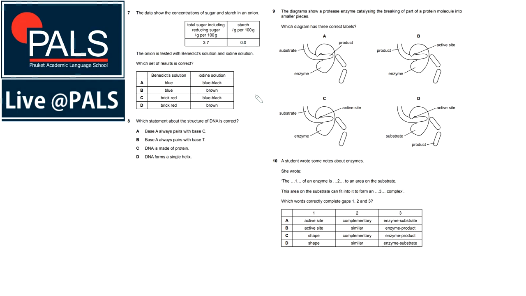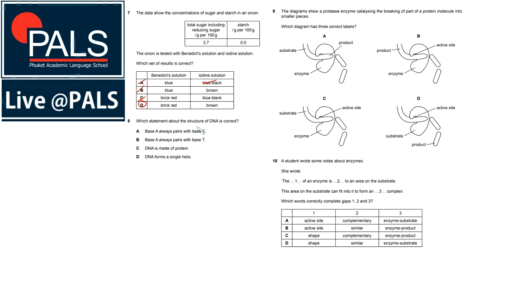So there's no starch. Iodine solution is naturally brown, and when starch is present it goes blue-black. So our iodine solution must stay brown because there's no starch present. So it's not A, it's not C. And Benedict's solution goes brick red when sugars are present. So therefore it must be D.